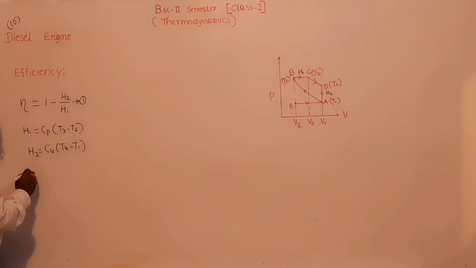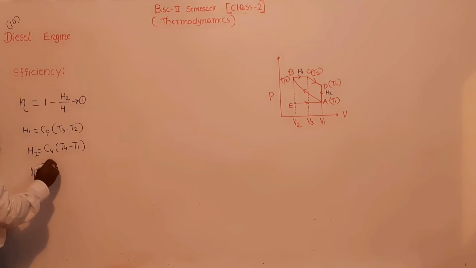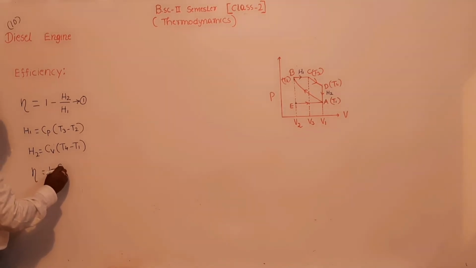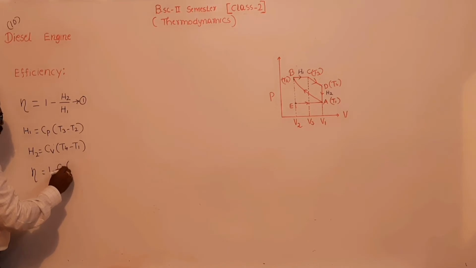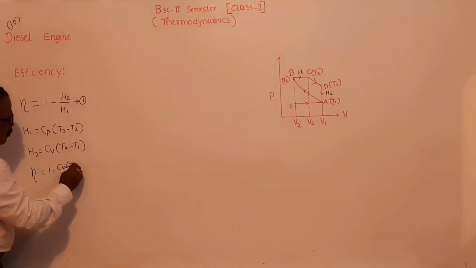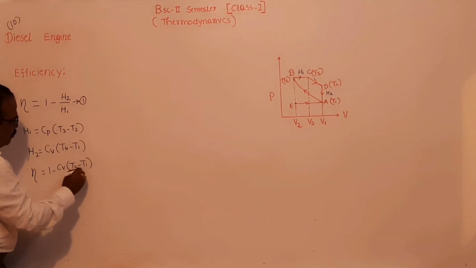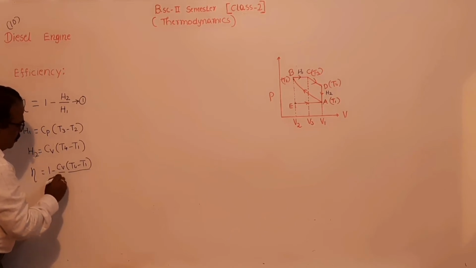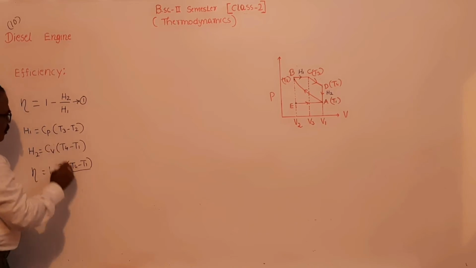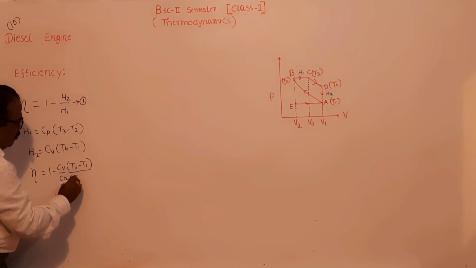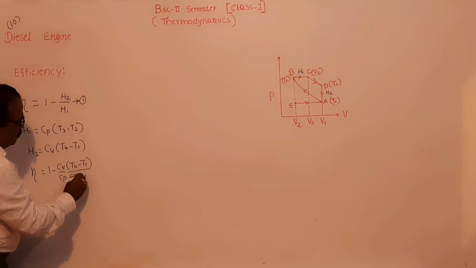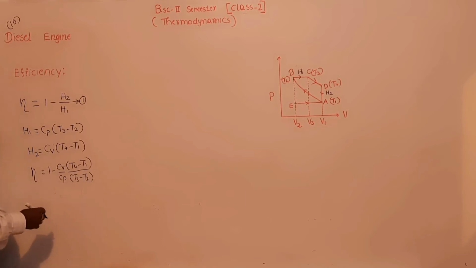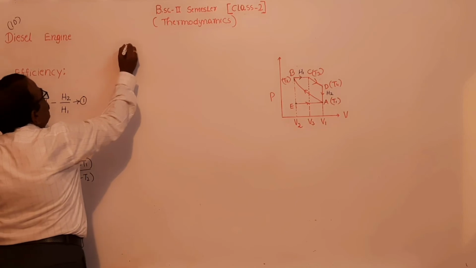Substituting in equation 1, the expression for efficiency eta is 1 minus Cv into T4 minus T1 divided by Cp into T3 minus T2.